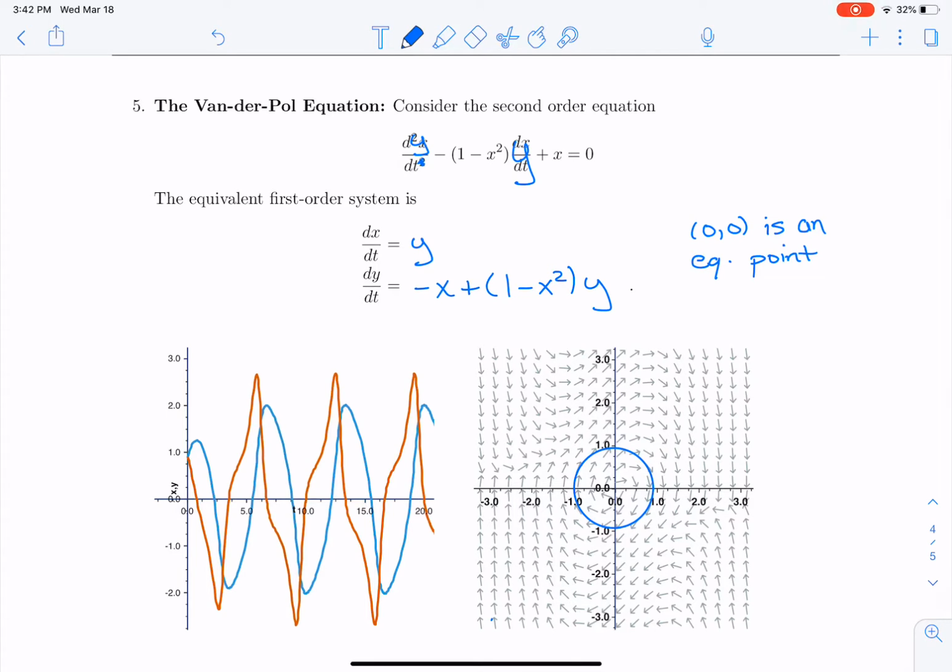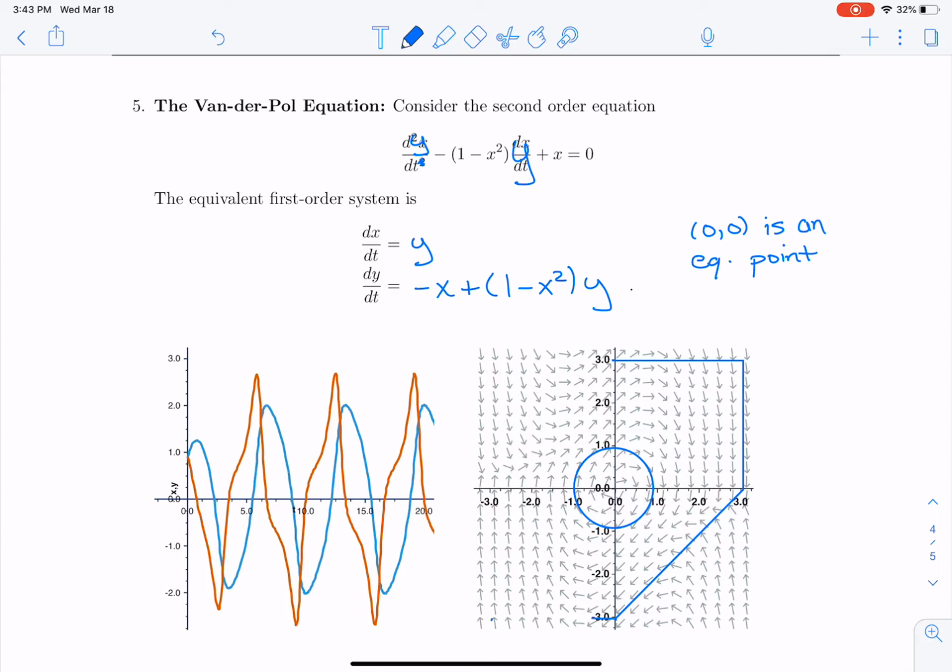And then I'm going to draw a funny looking region which will enclose my periodic solution. So I'm going to start at y equals 3 and then move across. Then I'm going to come down x equals 3. Then I'm going to connect x equals 3 to y equals minus 3.